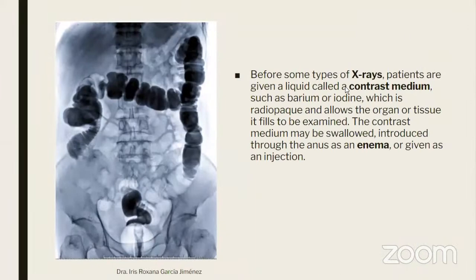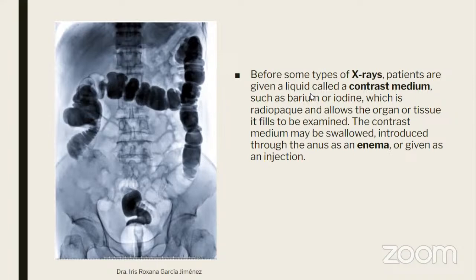Before some types of X-rays, patients are given a liquid called a contrast medium. We all know contrast. The contrast medium is the one that helps the soft tissue to absorb, to define its shape, and according to that, it's possible to infer the proper diagnosis.